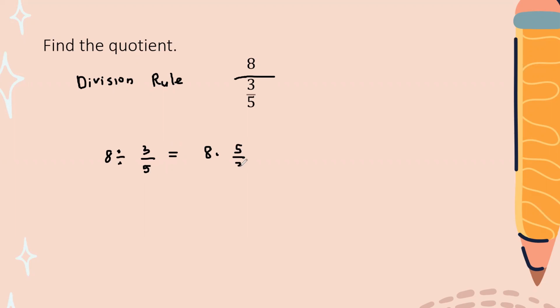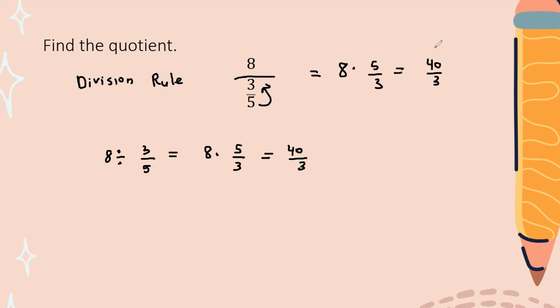So my reciprocal would be 8 times 5 over 3. Now I multiply these two, so I have 40 over 3. And if you wanted to use that other method, which is more visual, you just flip this fraction, it would be 5/3, and you would get the same answer.